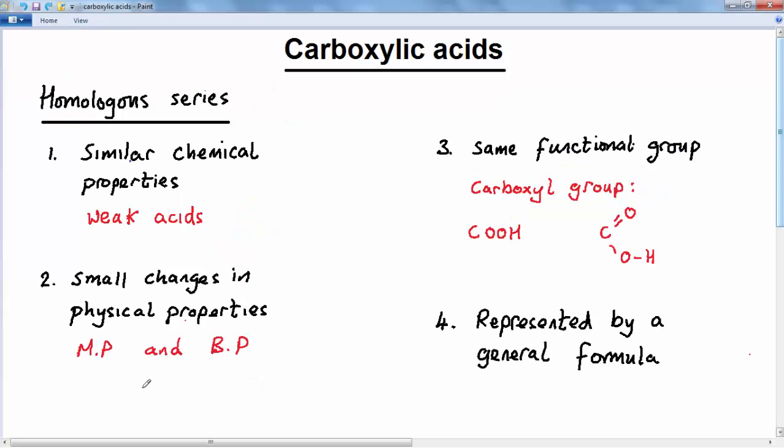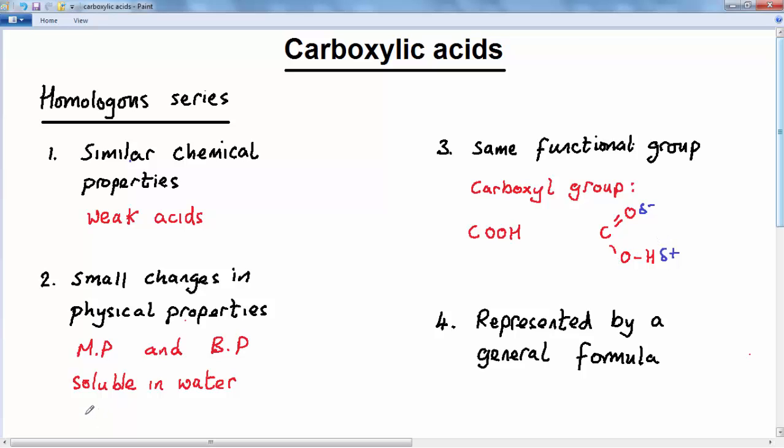Now, the other important property of the carboxylic acids, or at least of the first four members of the family, is that they are very soluble in water. And that's because this carboxyl group is a polar group, as we've just seen, and therefore it is soluble in water, which is a polar molecule.